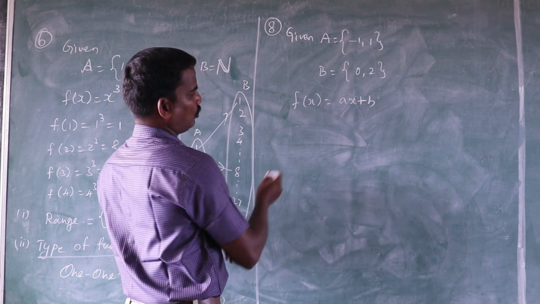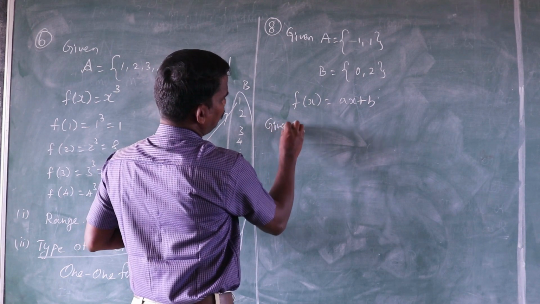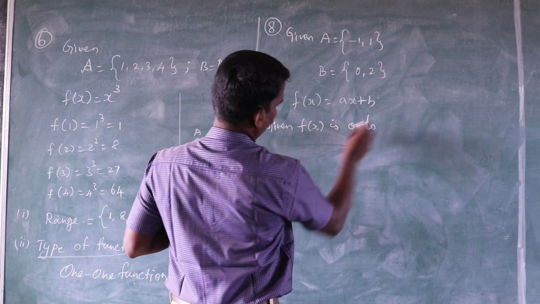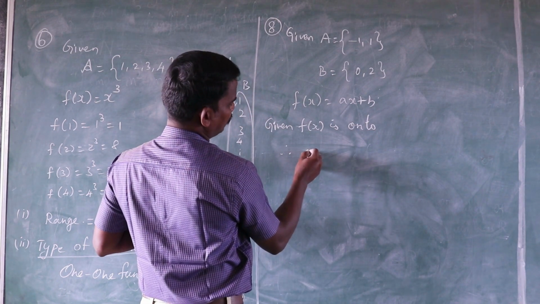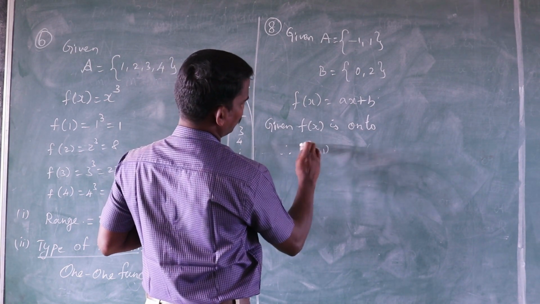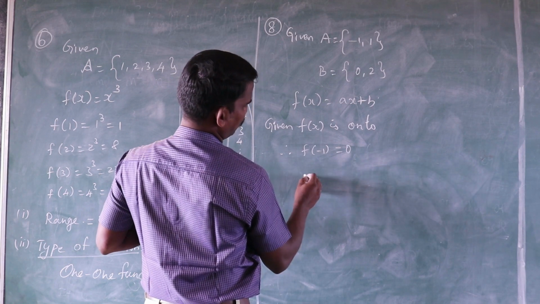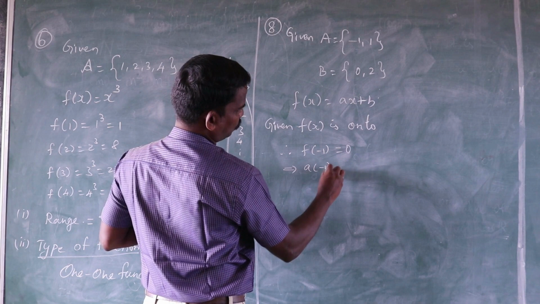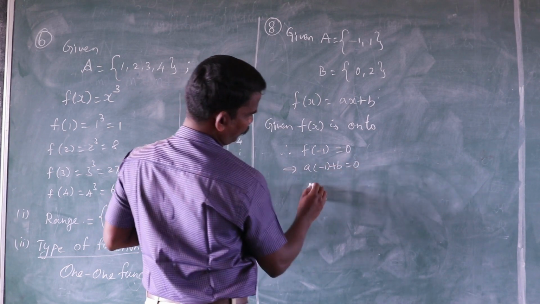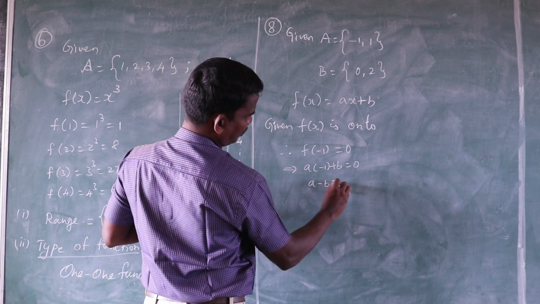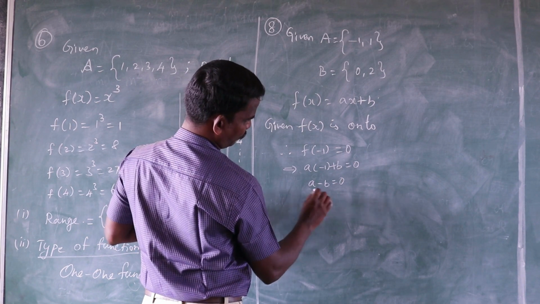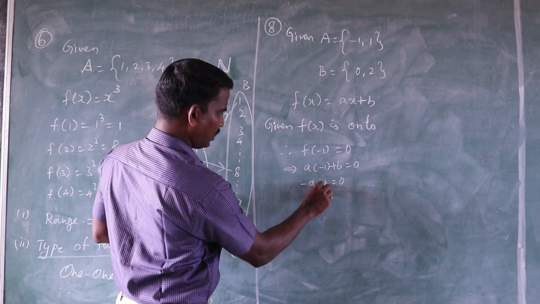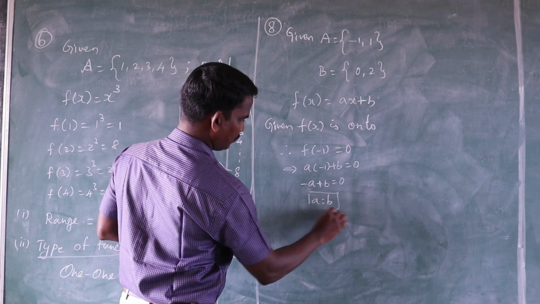So f of A equal to B, given f of x is onto, therefore f of minus 1 is equal to 0. This implies a into minus 1 plus b equal to 0, minus a plus b equal to 0. This implies a equal to b.